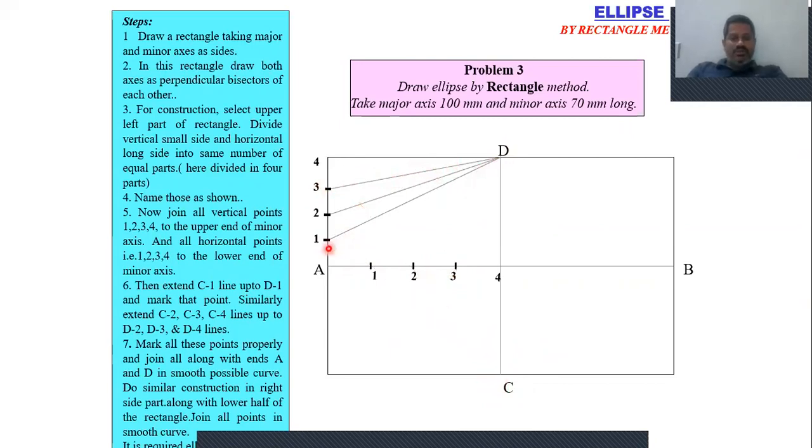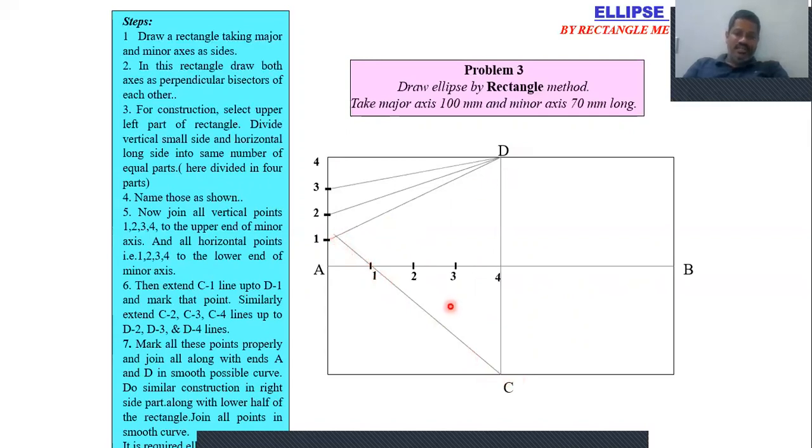So after joining, the vertical points are joined to the upper point of the minor axis, that is D. Then the horizontal divisions are joined to the lower end of the minor axis like this. And this C1, extend this C1 up to D1.